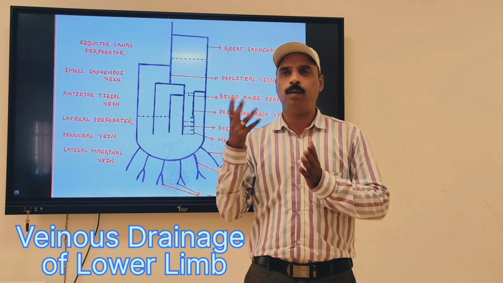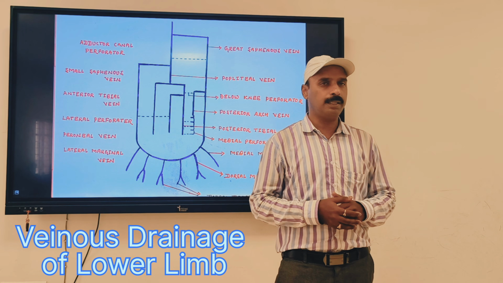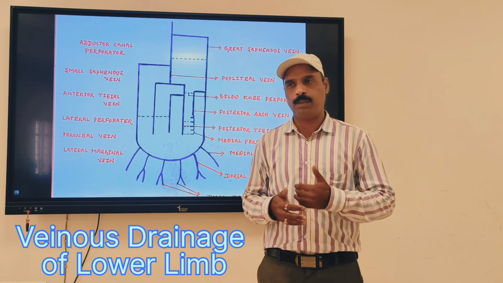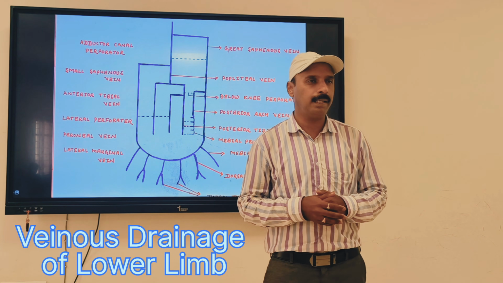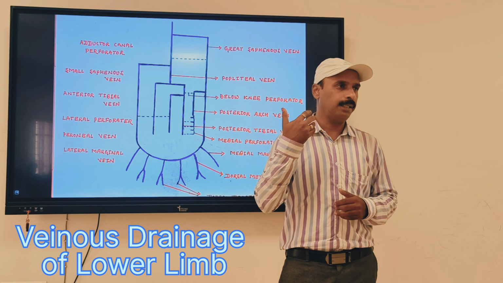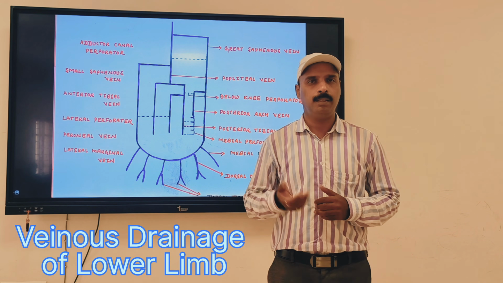Nature has given us many factors which are responsible for the venous return of the lower limb. There are general factors and local factors which help this venous return to ascend from the lower limb, that is from the foot to the thorax.